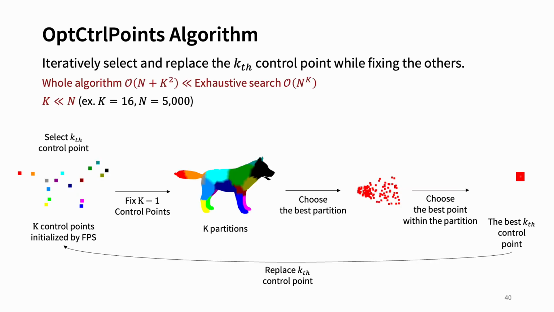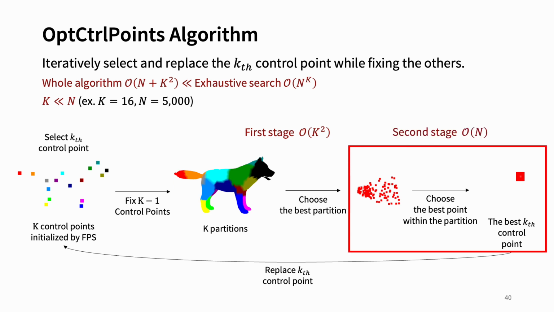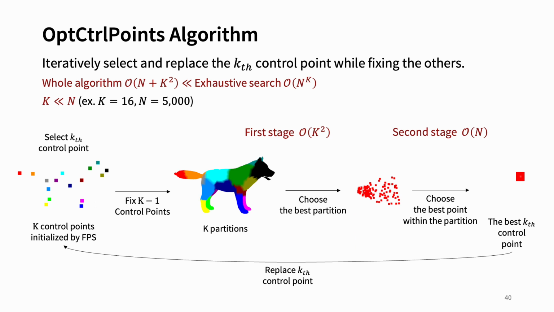We iteratively refine a set of control points starting from an initial configuration along this algorithm. The time complexity of the first stage is O(K squared) since we search K partitions K times. Assuming an even partitioning of the template mesh with an equal number of vertices in each region, the average time complexity of the second stage is O(n).